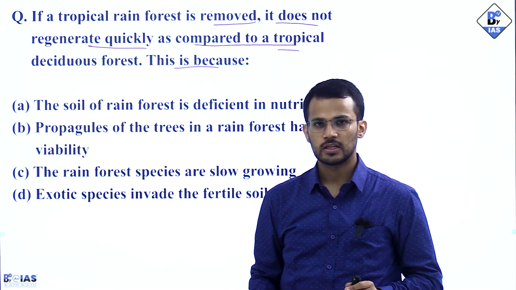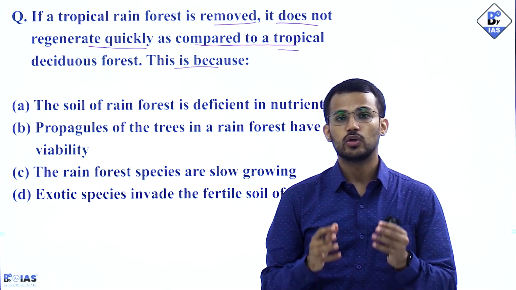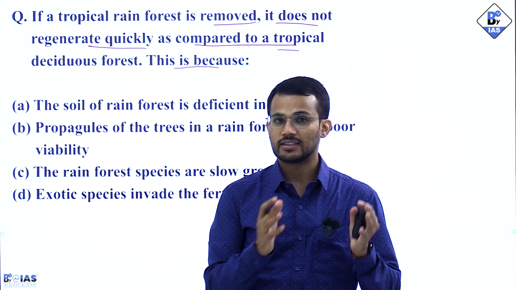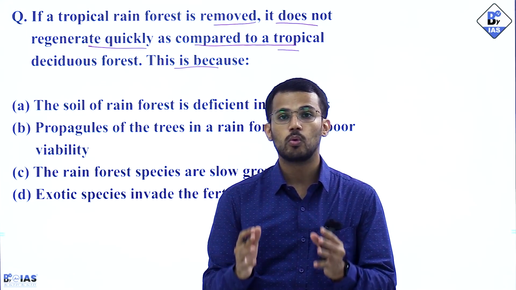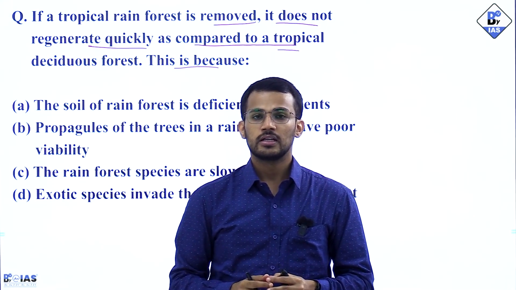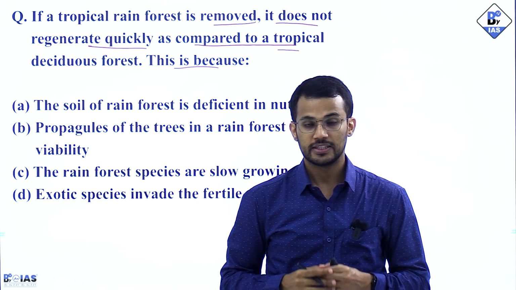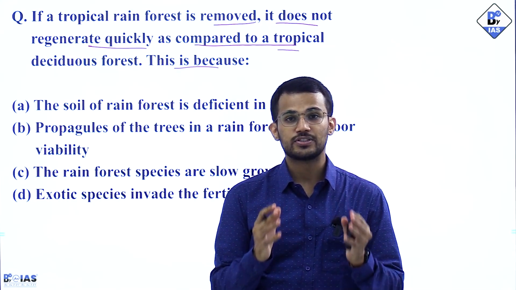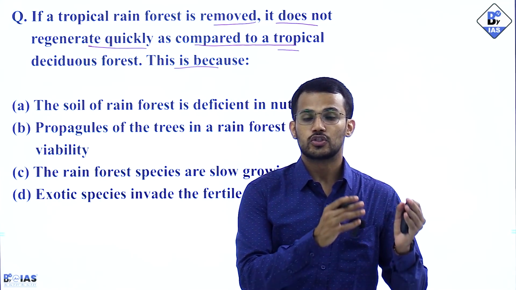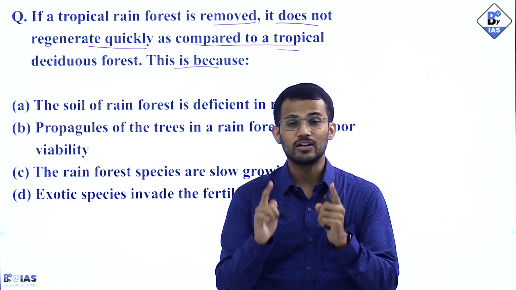The tropical rainforest or equatorial belt is the location where we have a high amount of rainfall. At that particular location, it rains almost daily. As a result of this high rainfall, the nutrients present in the soil are leached, they are removed. As a result of this removal of nutrients, the soil becomes infertile.